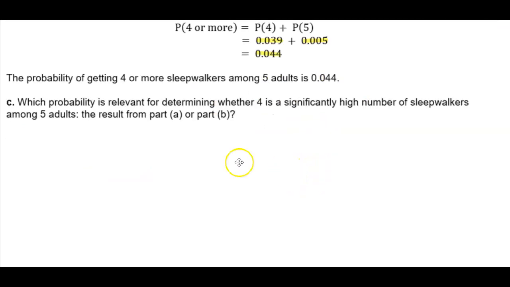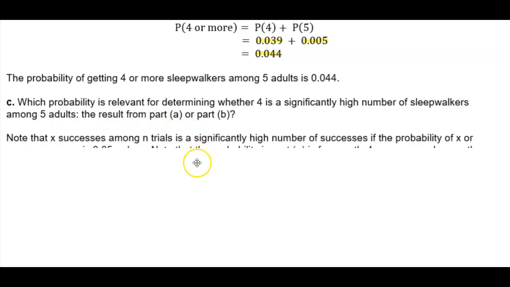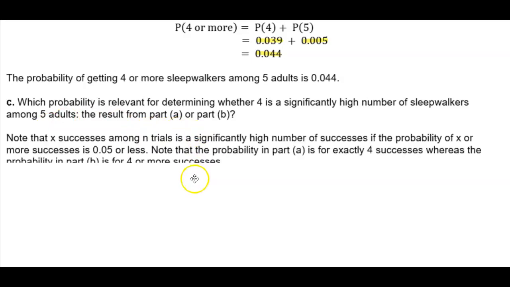Now in part C it says, which probability is relevant for determining whether 4 is a significantly high number of sleepwalkers among 5 adults? The result from part A or the result from part B? Note that X successes among N trials is a significantly high number of successes if the probability of X or more successes is 0.05 or less.